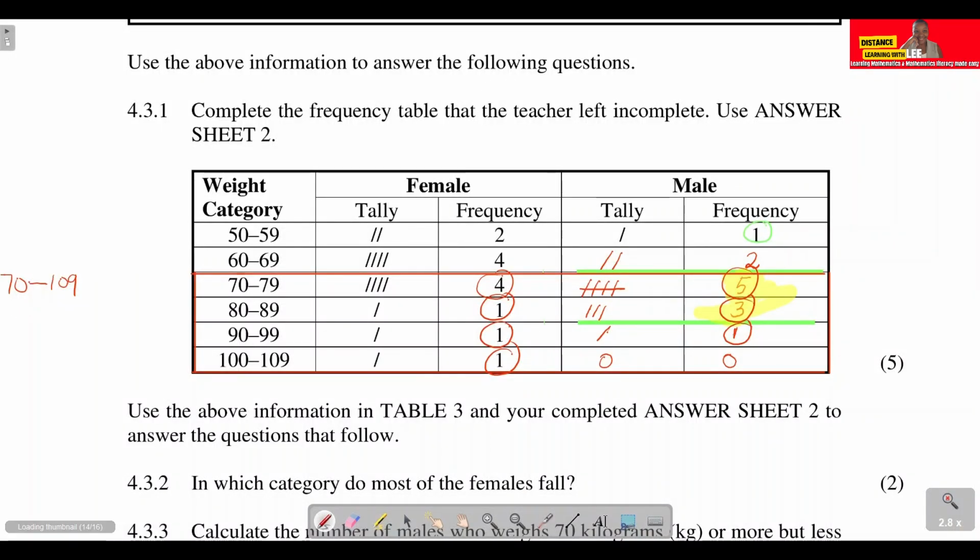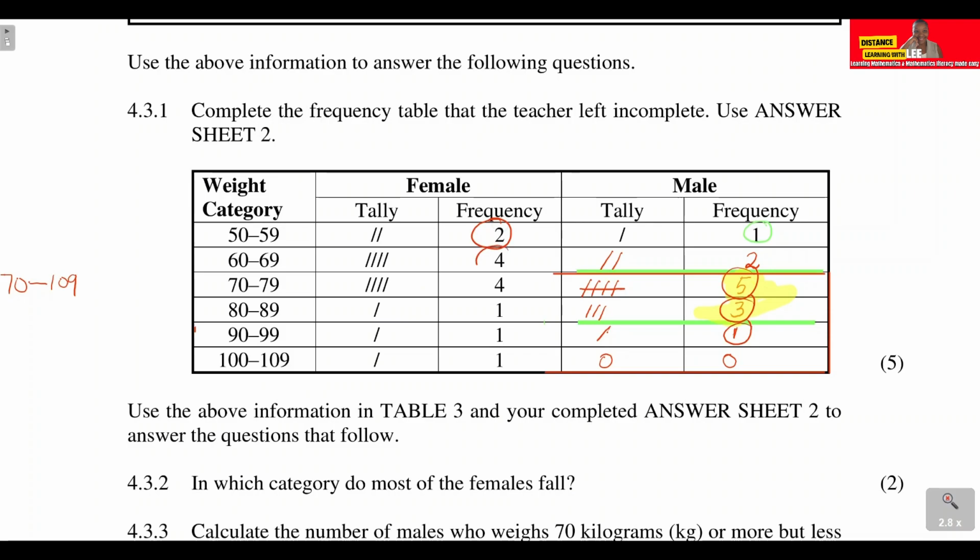So for us to get the total outcomes, how many total learners do we have in this class? For us to get the total learners in this class, what do we do? We count all of the frequencies: 2 plus 4 plus 4 plus 1 plus 1 plus 1 plus 1 plus 2 plus 5 plus 3 plus 1. And that will give us the total learners for 11B.